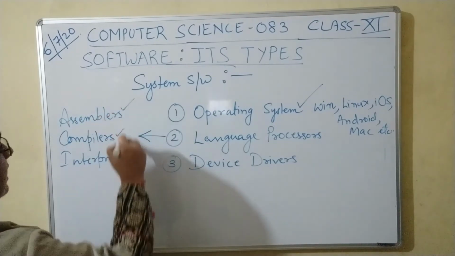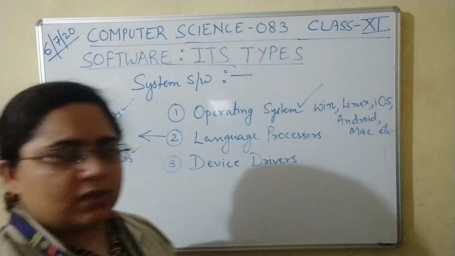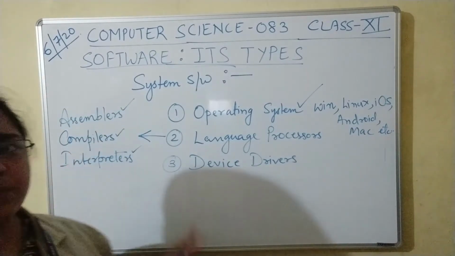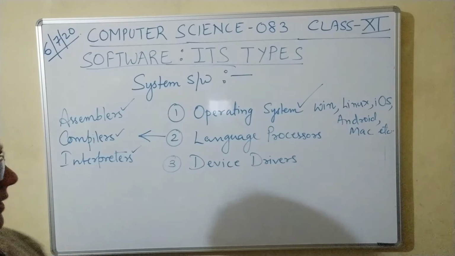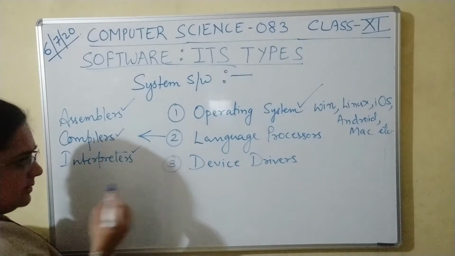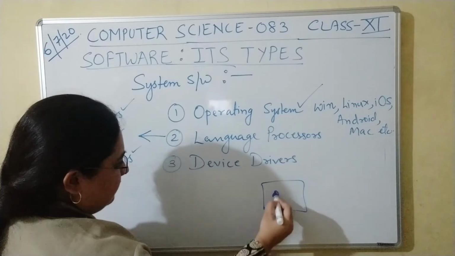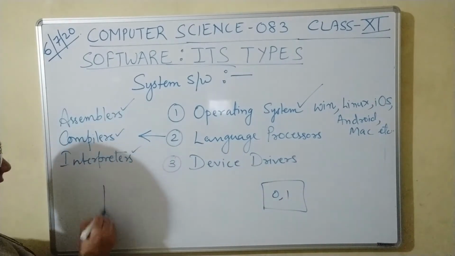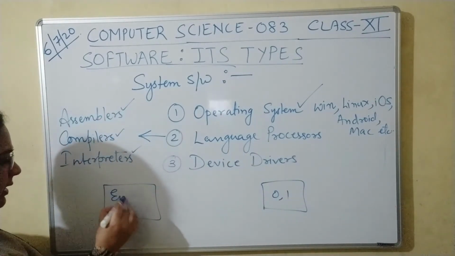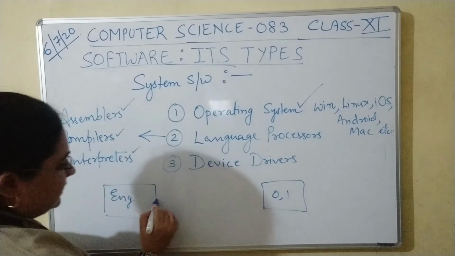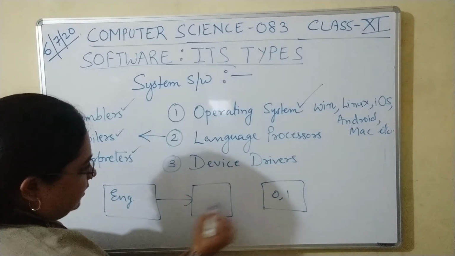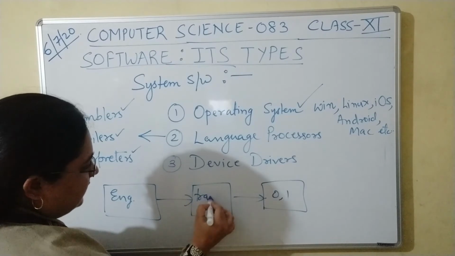Although their tasks are very complicated in themselves, we are not going into the details right now. We know that our computer understands binary language, but we understand human language, that is English, Hindi and all. So these language processors act as translators.